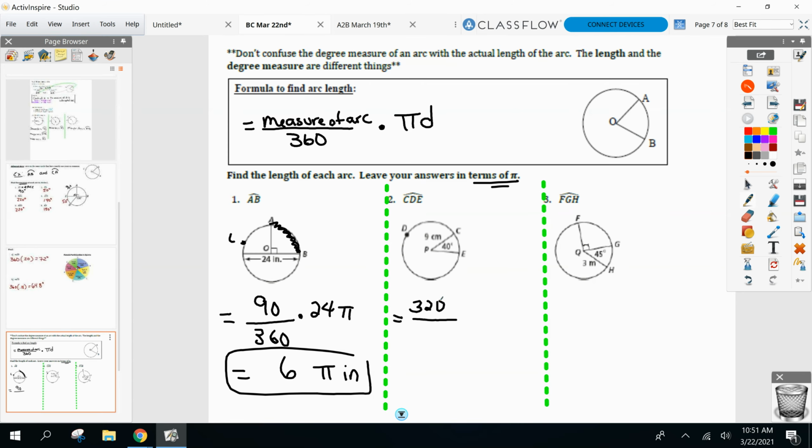She said 360 minus 40 is the rest of it. Nice, Emma. 320 over 360 times pi. I told you the radius was 9, diameter 18 then. Double it. And then same thing, leave pi in your answer. Multiply 320 over 360 times 18. This is finding the length, how long an arc is, not the measure, that's in degrees, how long an arc is.